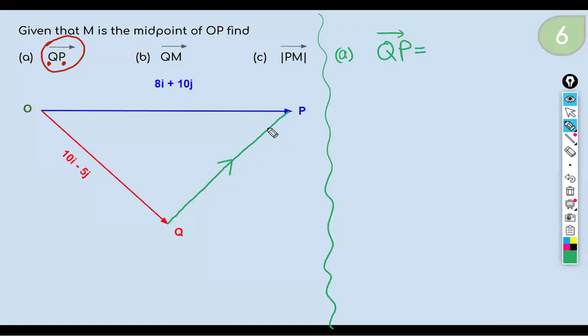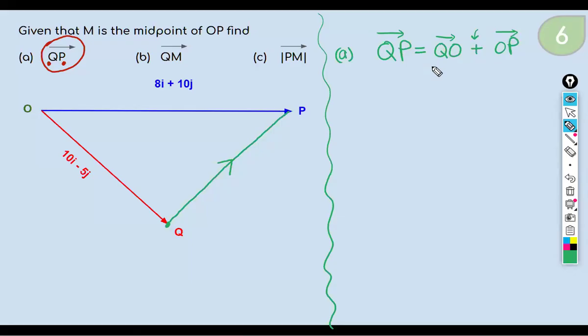So you need a backup plan. The plan is I'm standing at Q. For me to reach P, I'm going to walk from Q to O, and then O to P. So let's put that plan down for the examiner. I'm going to walk from Q to O, that's vector QO, and then the little add sign means then I'm going to walk from O to P.